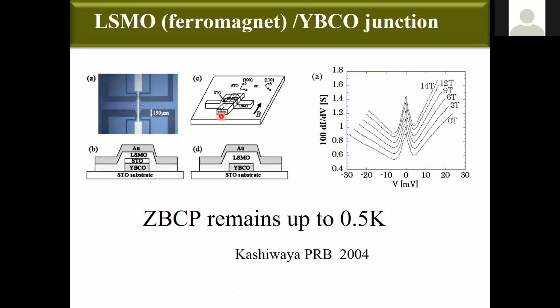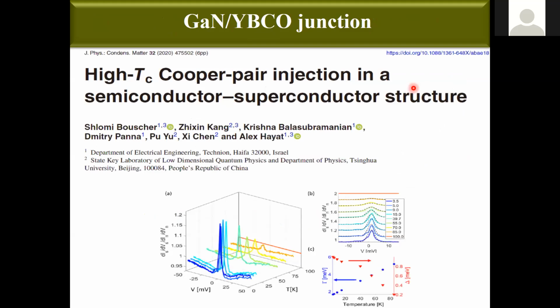With the increase of magnetic field, the zero bias conductance peak survives, so it cannot be understood within spin singlet pairing, I think. To understand this correctly, we must take into account the triplet component, the so-called odd frequency spin triplet component. This is very interesting and will be discussed later today by Dr. Suzuki, I think. Okay, so I am very much encouraged.